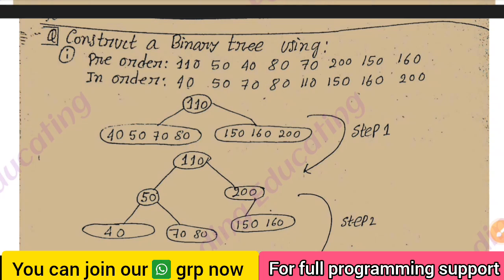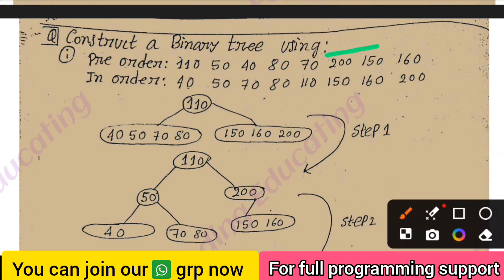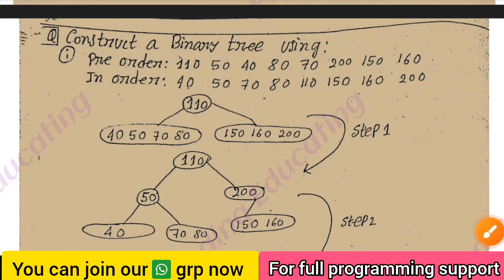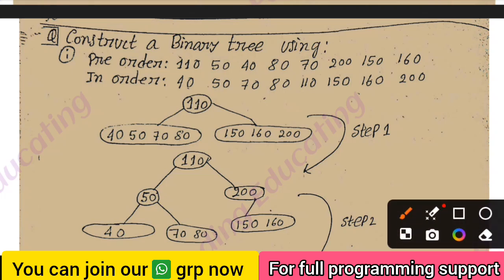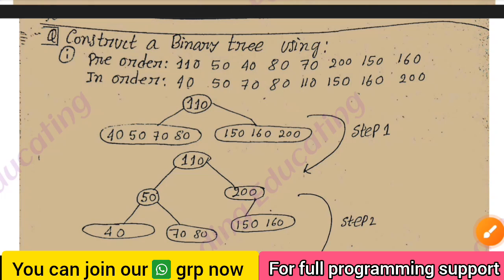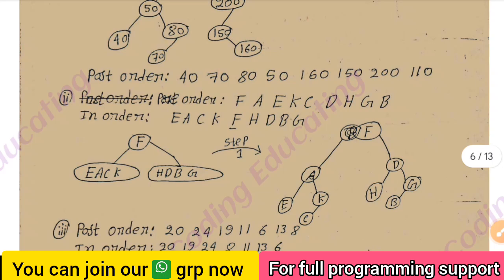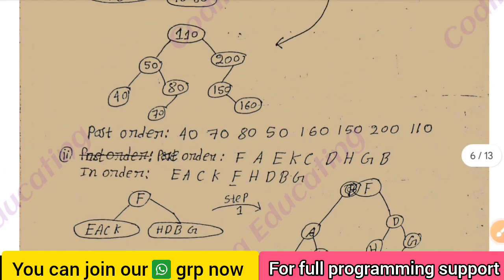So there is an example: construct a binary tree using this pre-order and in-order. In-order traversal is compulsory to make any binary tree. After that you can give post-order or pre-order, but in-order is mandatory.